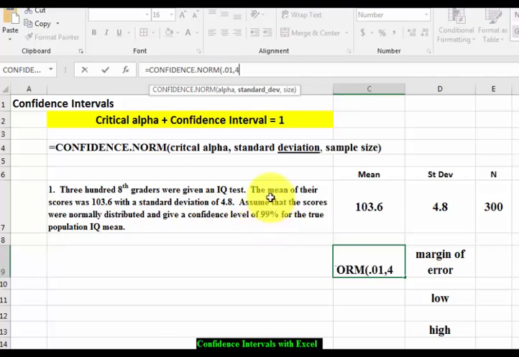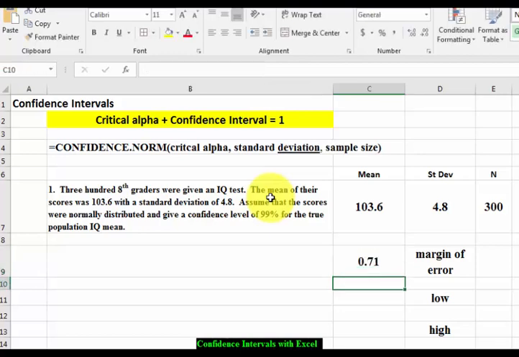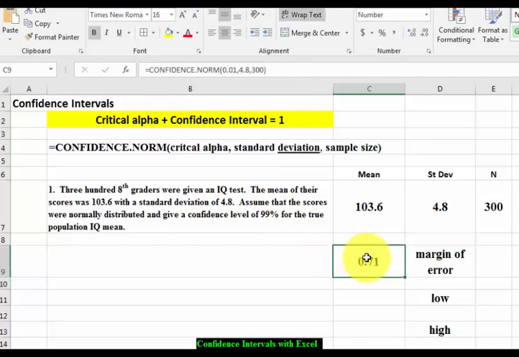Standard deviation is 4.8. And again, we do not divide that by the square root of the sample size, because the next thing in there is the sample size, and the computer's going to do that for us. Close parentheses. Bam. So there's our plus or minus. This is what I call wiggle room, our plus or minus factor. We're going to add that to the mean and subtract it from the mean.